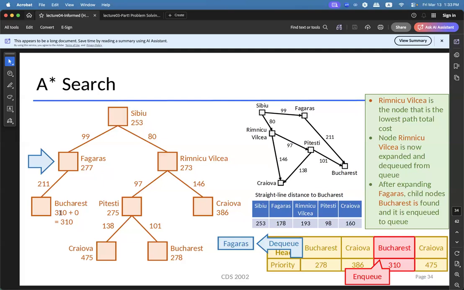Adding these two numbers together, that becomes 310, and that will be the path cost of the Bucharest node. So you should always remember the path cost of a node should be the overall sum of the step costs from the root node to that terminal node. You cannot just give me the step cost to get to the node as the path cost. That is wrong.